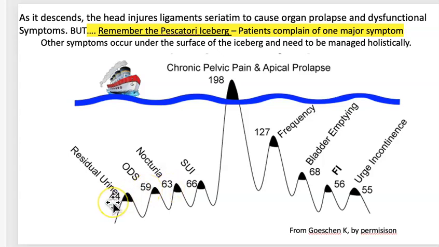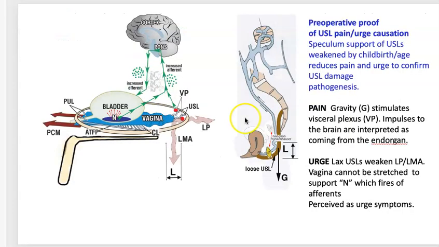And 44 had high residual urines. Remember, they came in with chronic pelvic pain. So always remember the Pescatori iceberg. Whatever the patient comes into you with, you must ask about these other symptoms. The Pescatori iceberg. I'm going to talk to you about chronic pelvic pain.